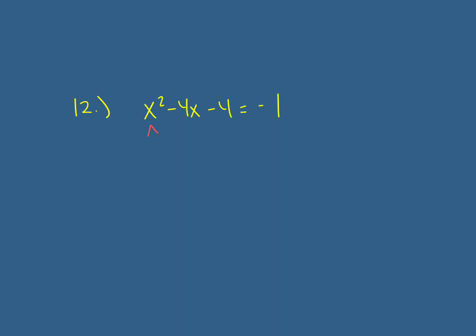12. Another perfect square trinomial. Left side's 3 terms. That should be a plus 4 here. How do I get 4? Well, 2 and 2. I want them both to be negative. And now I'm just going to use PEMDAS backwards. I square root both sides. I get x minus 2 equals plus or minus.